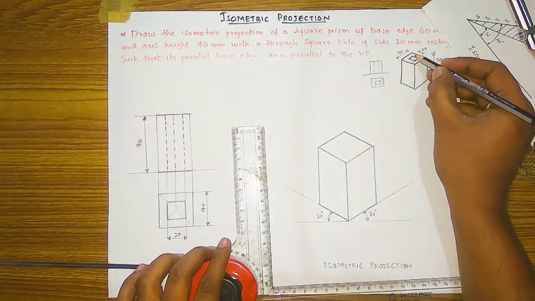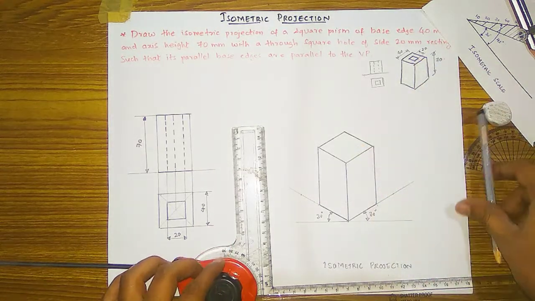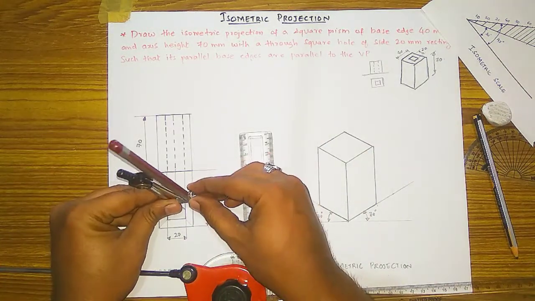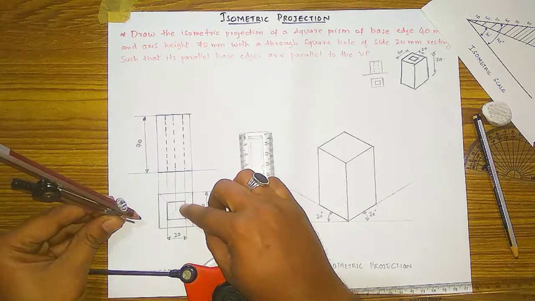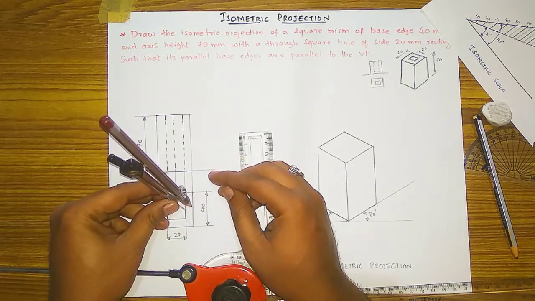Now the cutout section of 20 mm you have to draw here also. So by taking the distance, I already have the distance of the square prism, so from the small square and big square sides we are getting the distance.